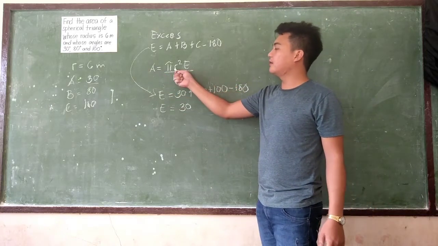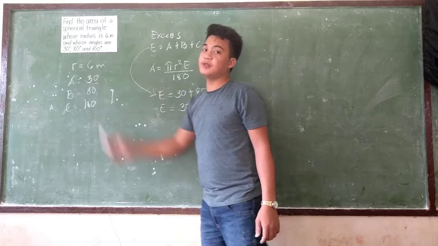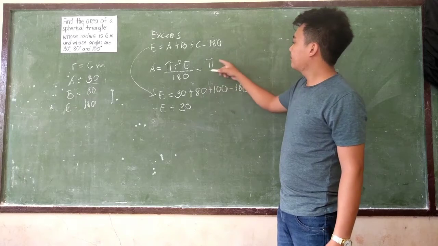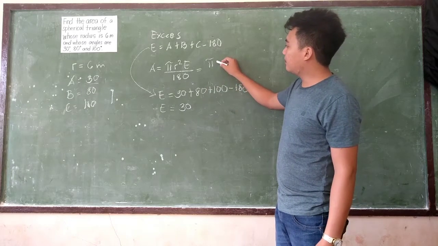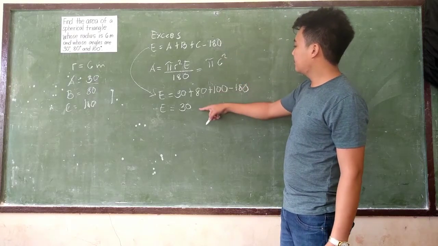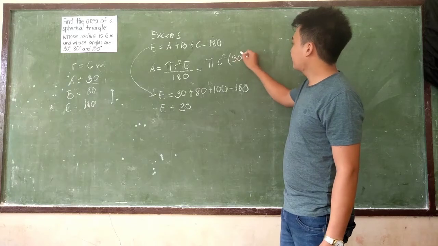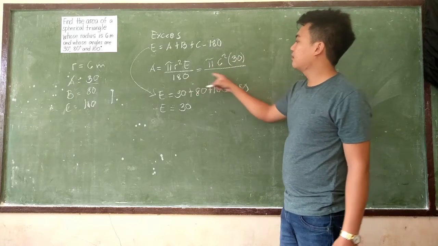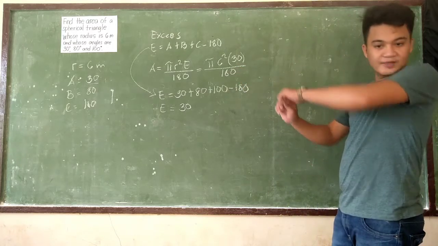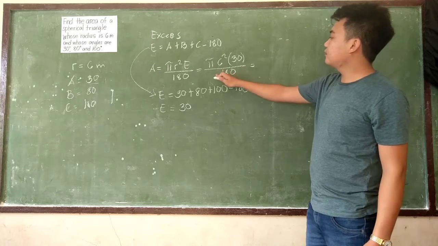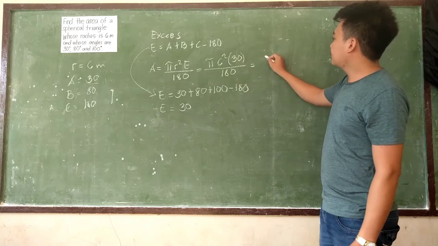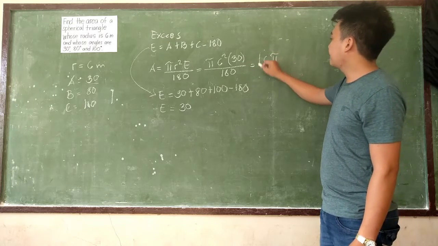Since we have the value of our r, which is 6 meters, just substitute pi r squared. So the value of r is 6 squared times 30 over 180. To simplify this one, the value of our area is equal to 6 pi.